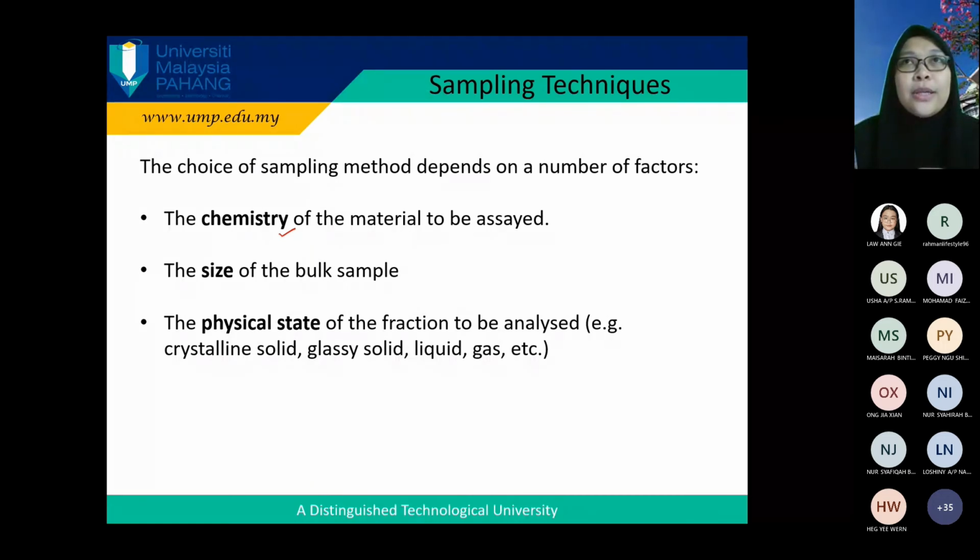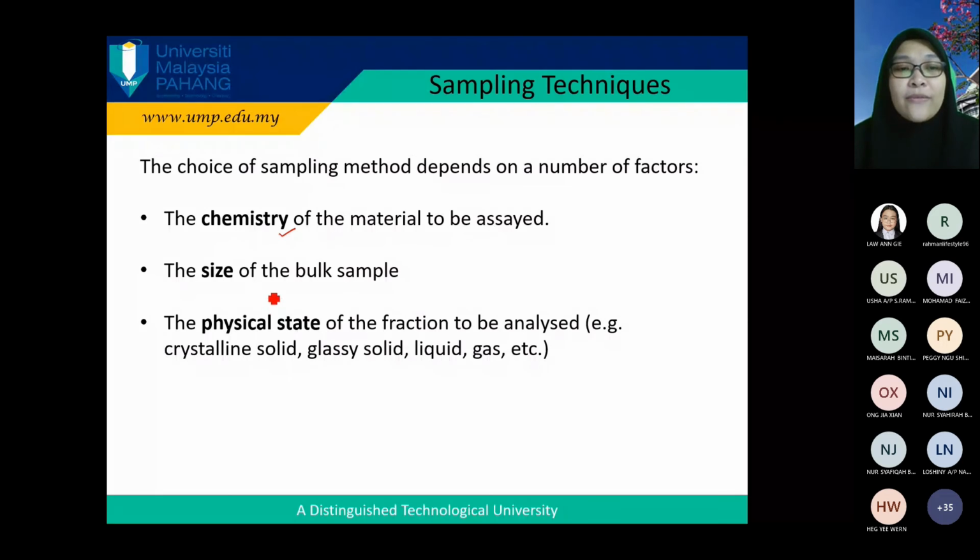Organic, for example, if you are sampling fragrance, essential oil. You want to do extraction of essential oil, so you do sampling on the plant, for example lavender. So that is different when you do sampling for soil. So that is chemistry of material. It depends on chemistry of the materials.